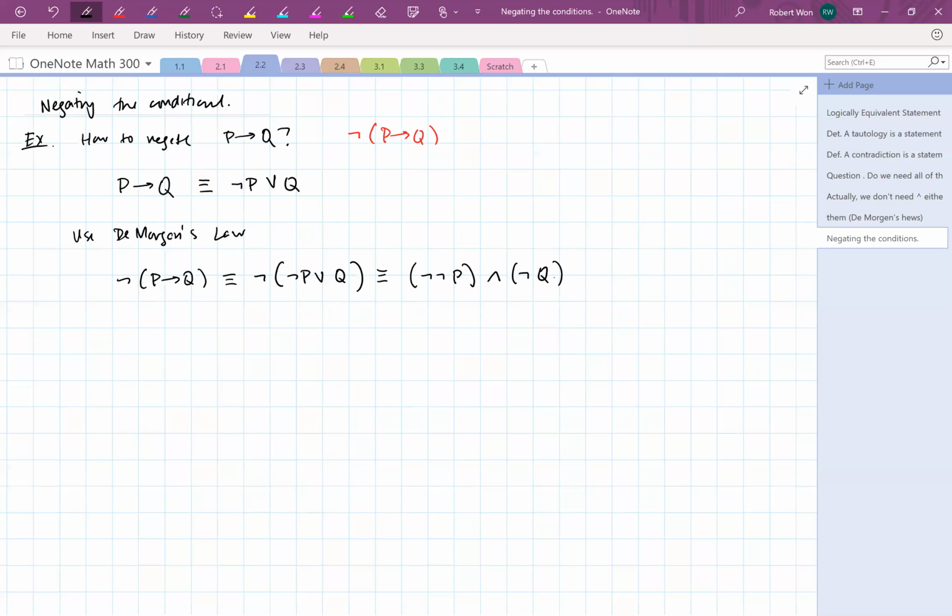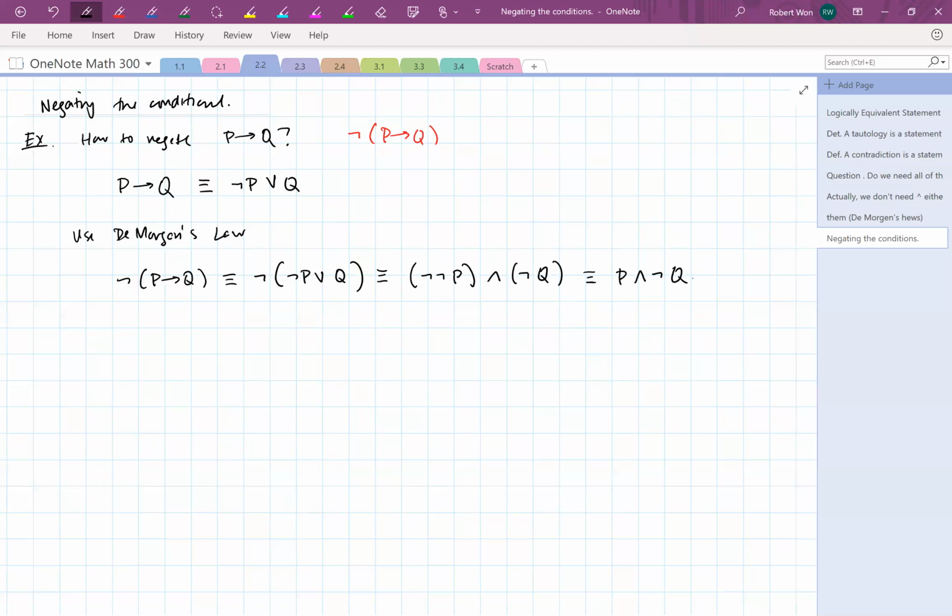Okay, but not not P is the same thing as P. That's an easy proof. You just write down a truth table. So this is the same thing as P and not Q. Which again, should hopefully make some intuitive sense. Because this entire time we've been saying, when is the conditional false?